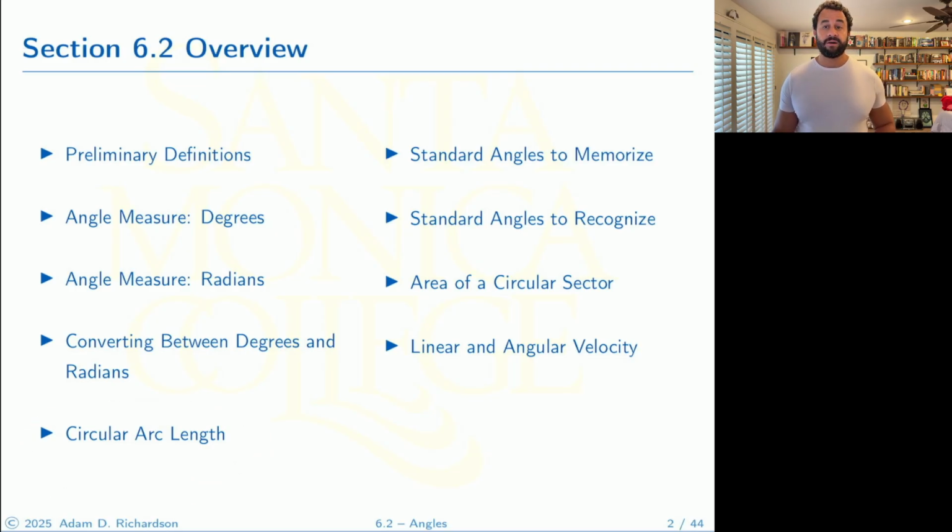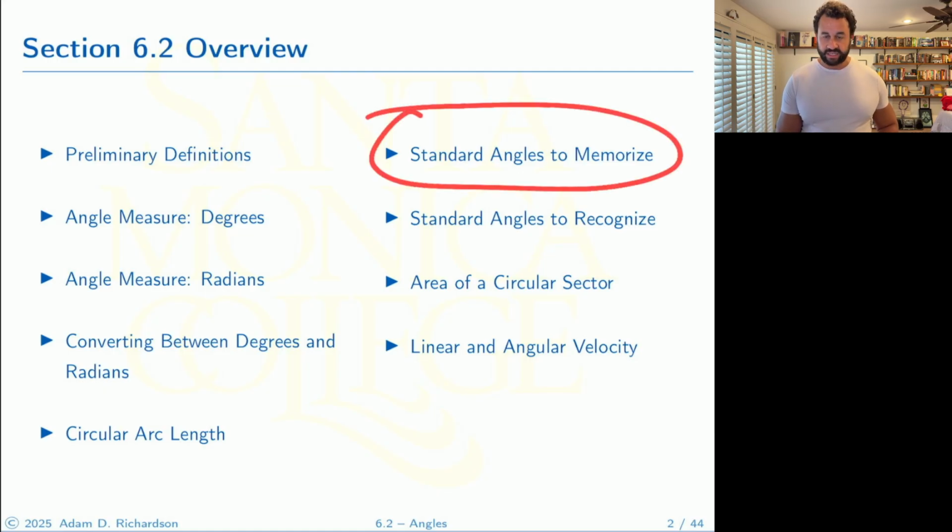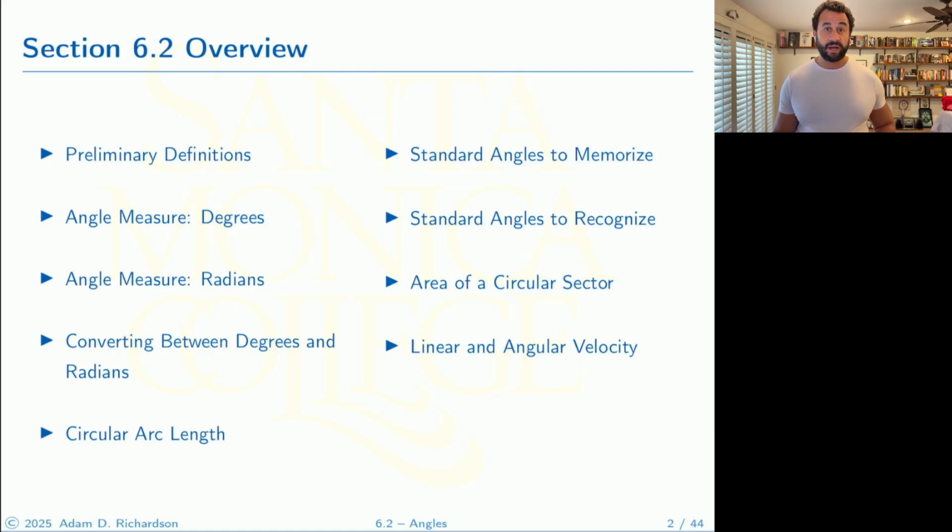Then we're going to talk about some important angles. So I split these into two categories. The first category is standard angles that you need to memorize. That means commit to memory, memorize these. And then there are standard angles to recognize. These are angles that you don't really need to commit to memory, but you should be able to recognize them as standard angles.